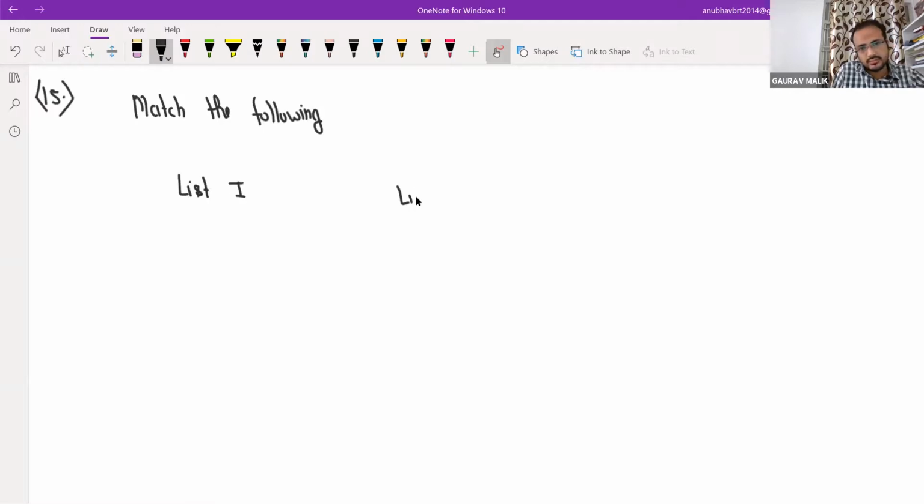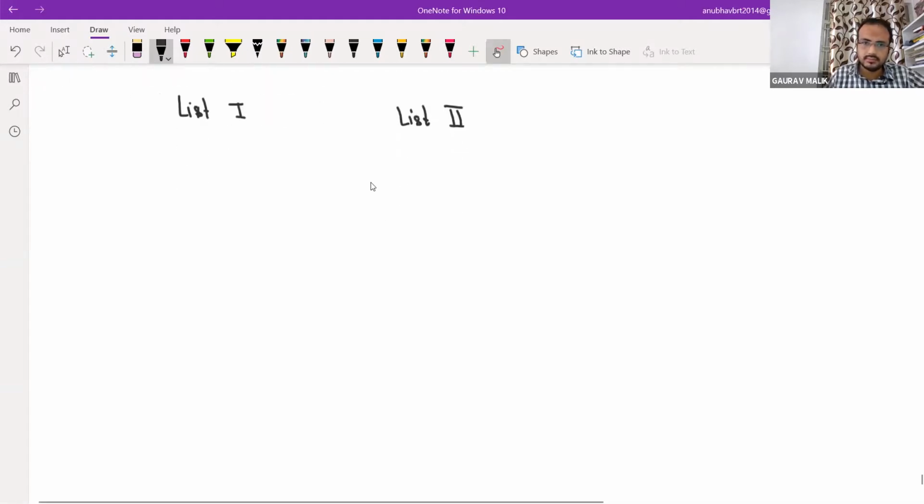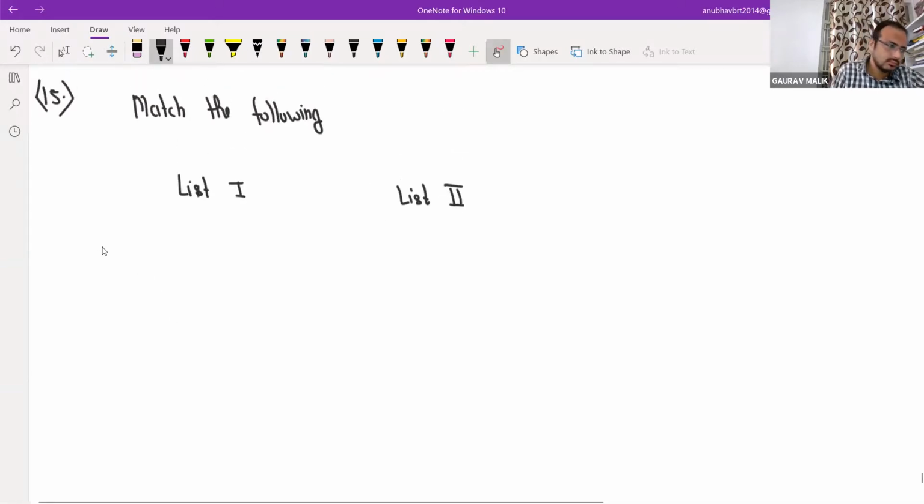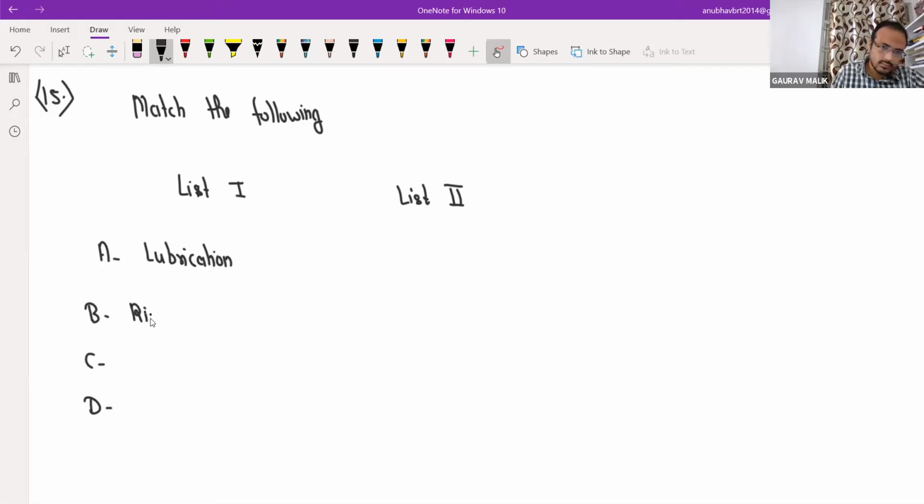List first and list second. A, B, C, D: lubrication, rise of sap in trees, formation of droplets, cavitation.